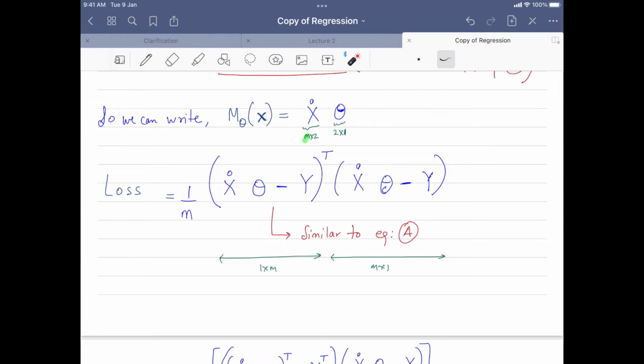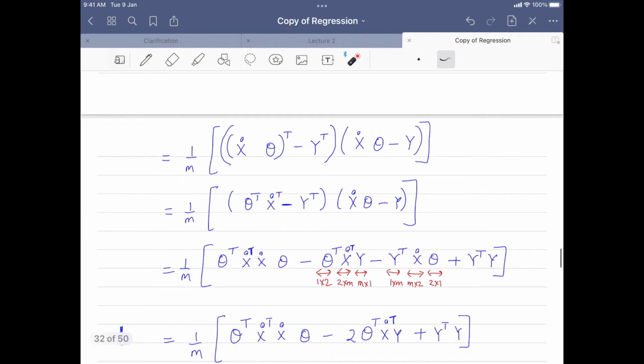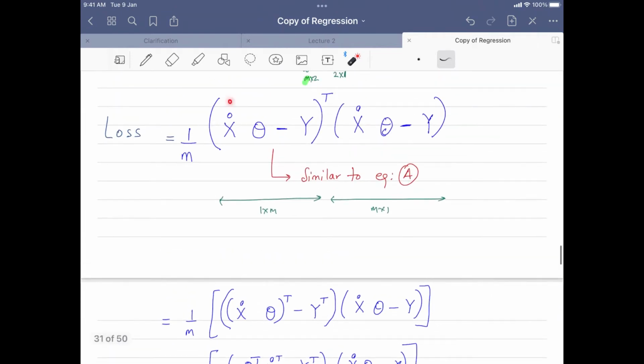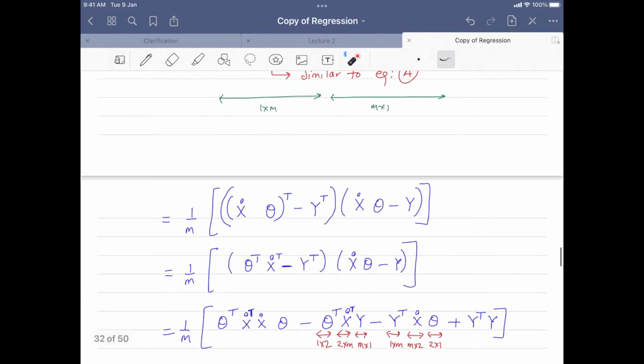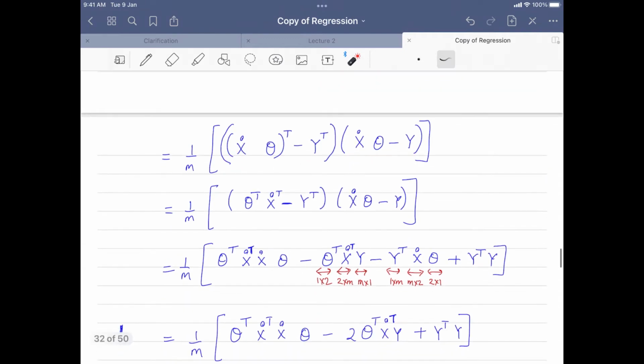So if you do a minus b whole transpose, it is nothing but a transpose minus b transpose, and then you can further expand it by dividing this transpose into individual transposes, and then you have this expression which is given over here, as simple as that.